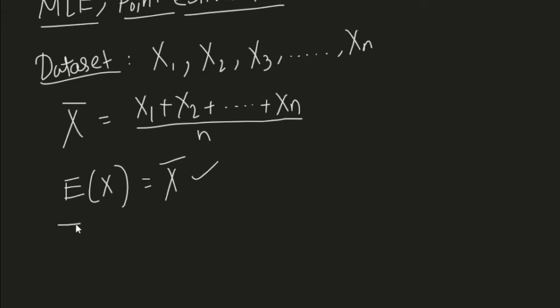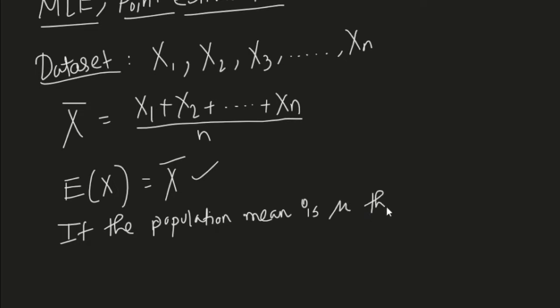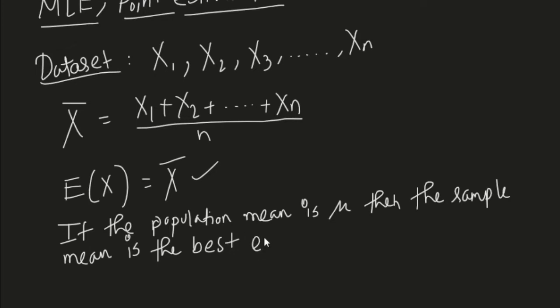So if the population mean is mu, this means that the expected value of x bar is simply equal to mu.